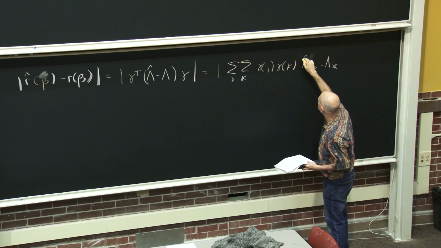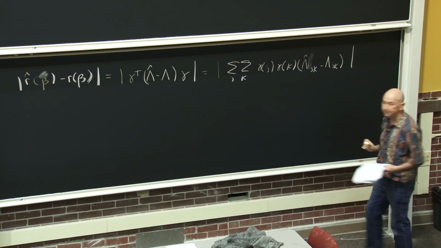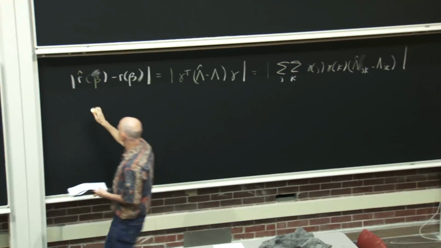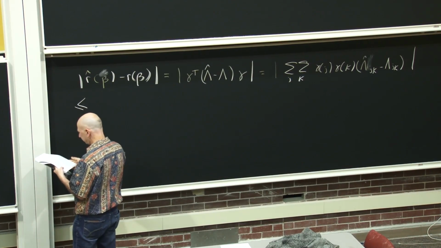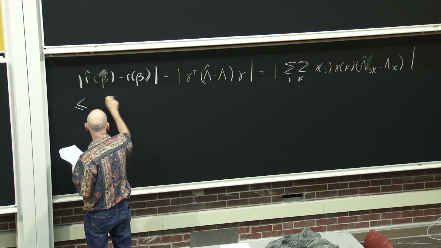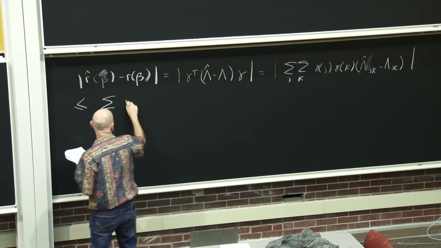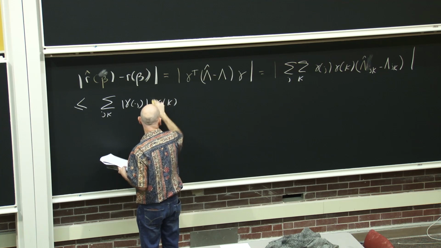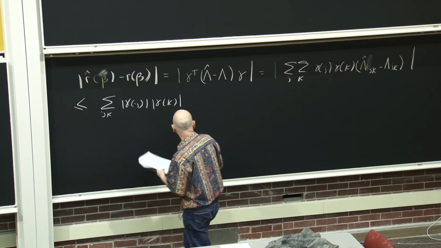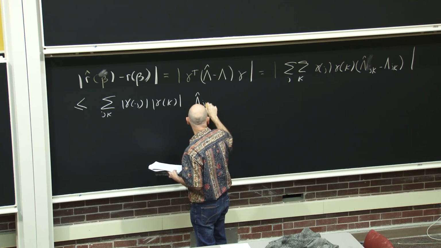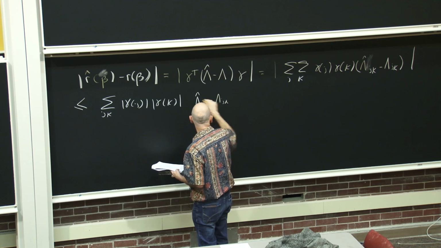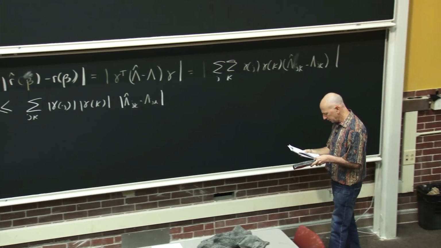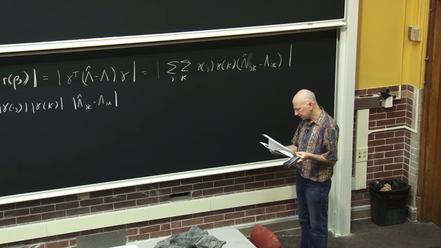I'm just writing out what the sum is, right? But I'm going to bring the absolute value on the inside. So that's less than or equal to the sum over j and k of gamma j, gamma k, times lambda hat jk minus lambda jk. Did I define what that is yet? Good.